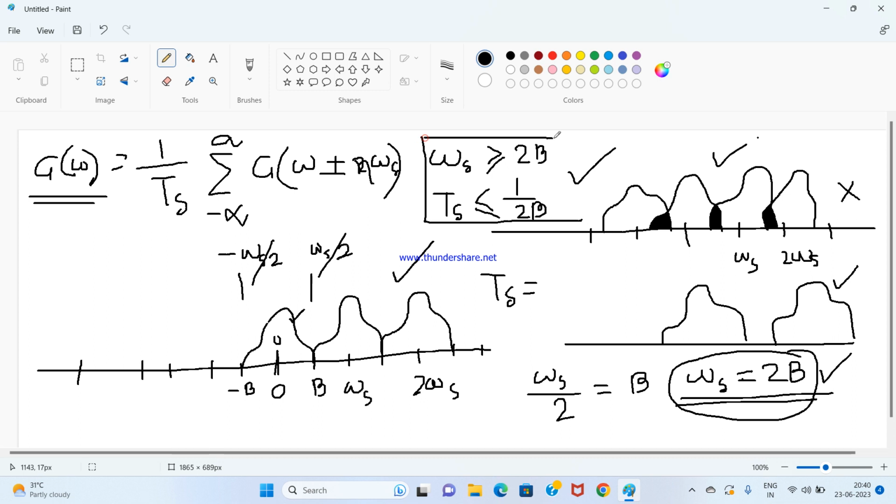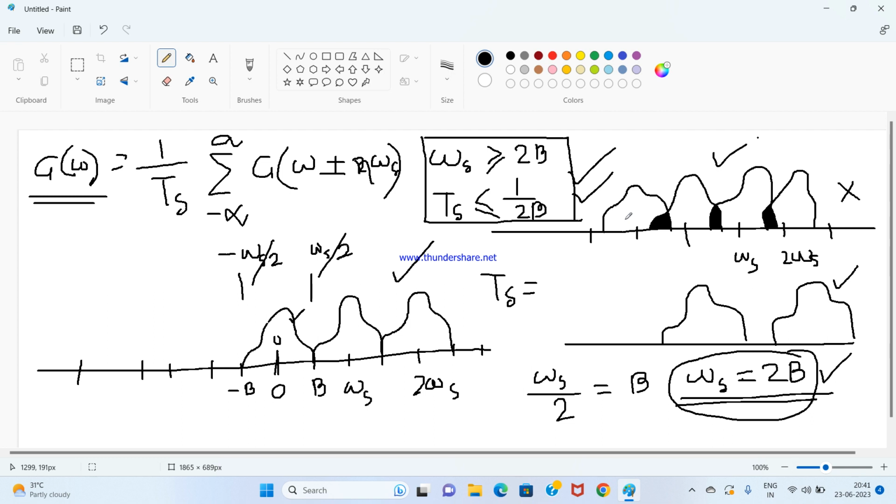This is very important in digital communication, and this condition is called the sampling theorem in communication systems. I hope you have understood the concept of sampling theory. Once again I am telling you the gist.